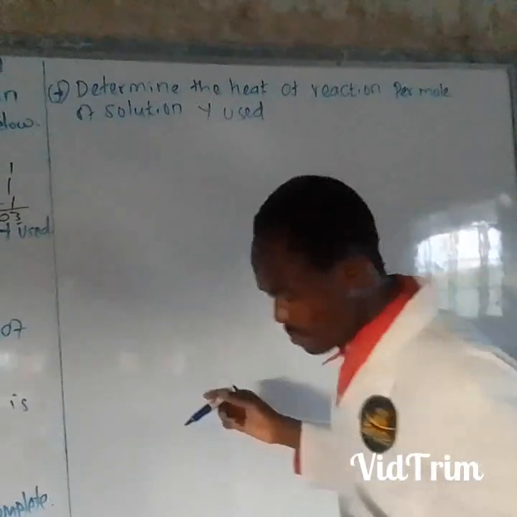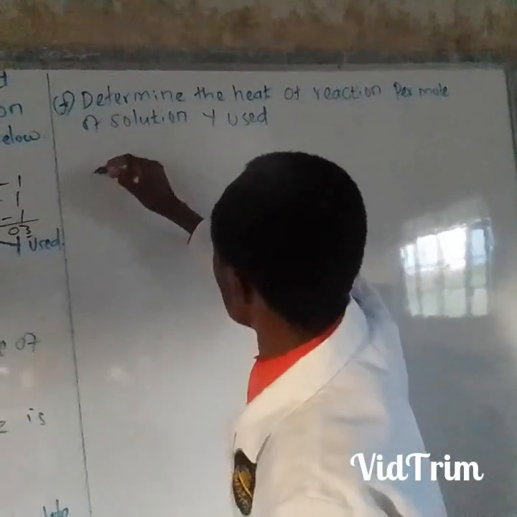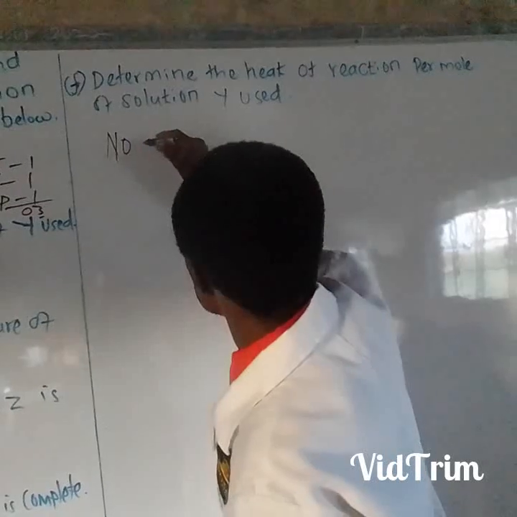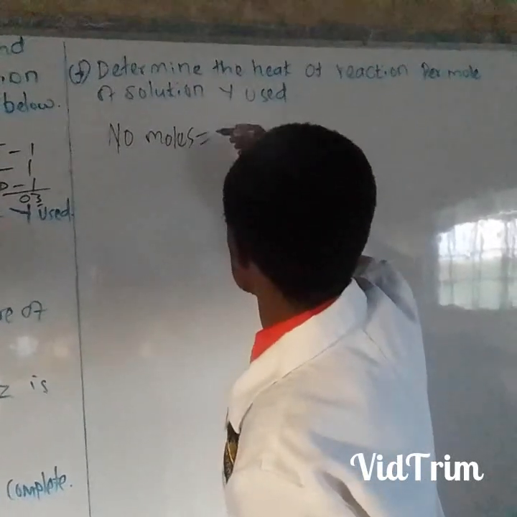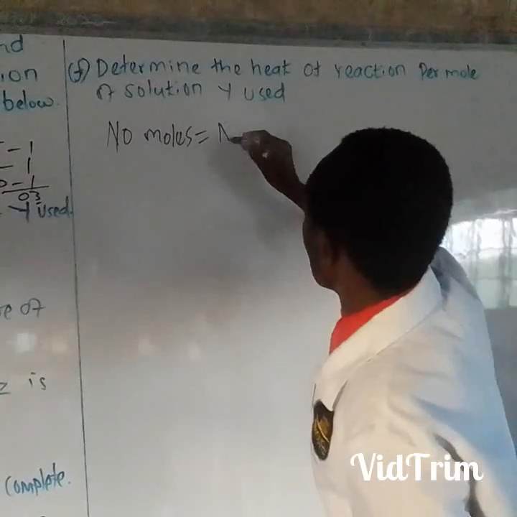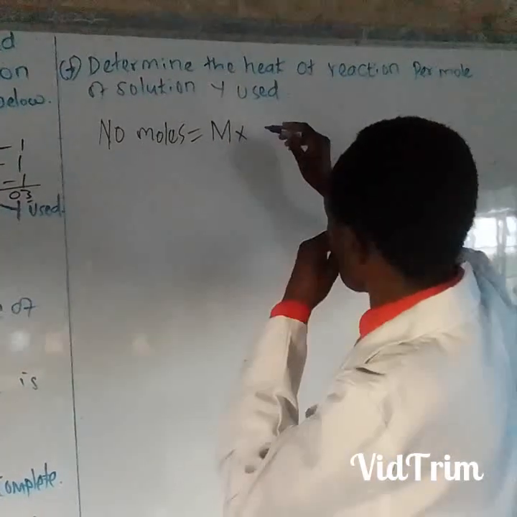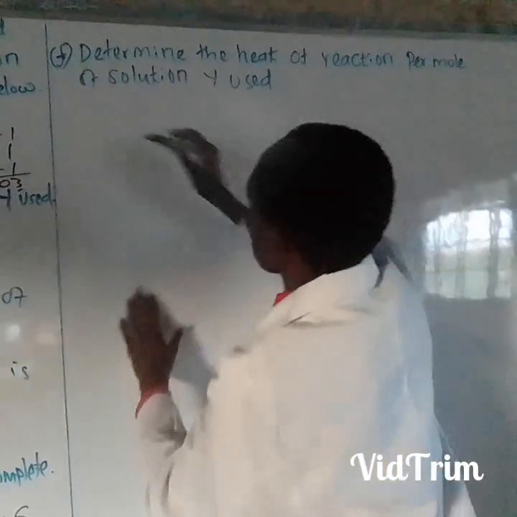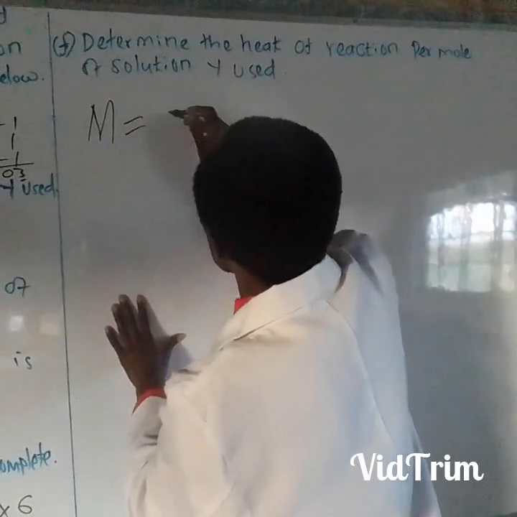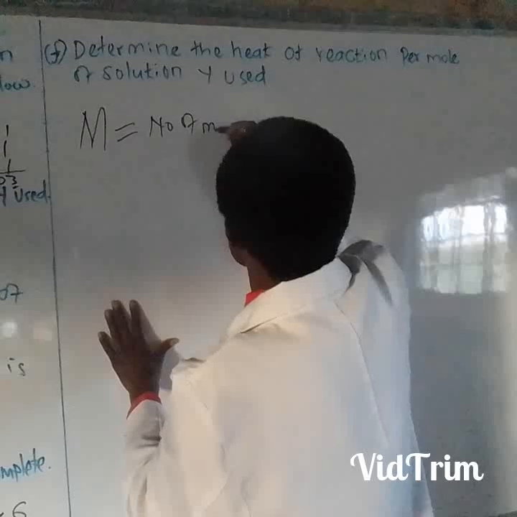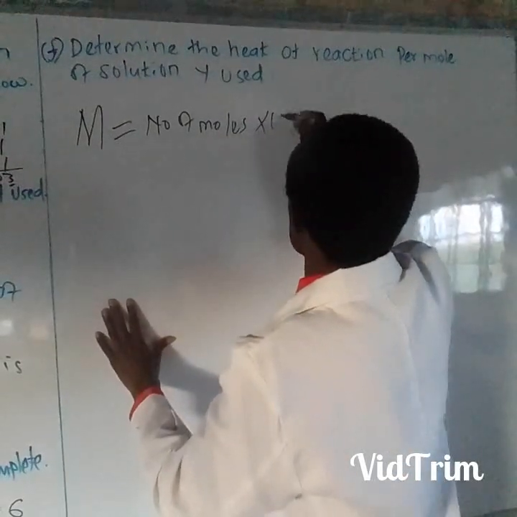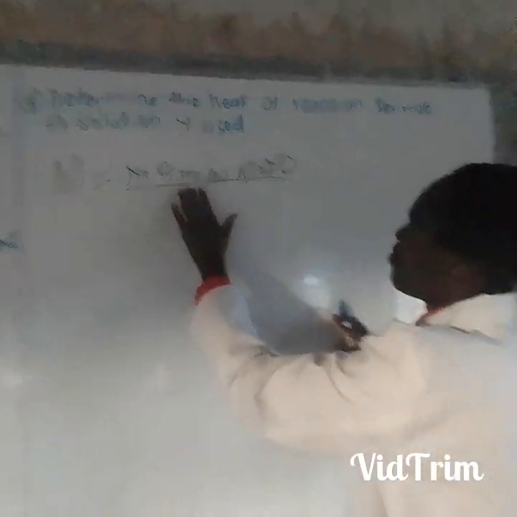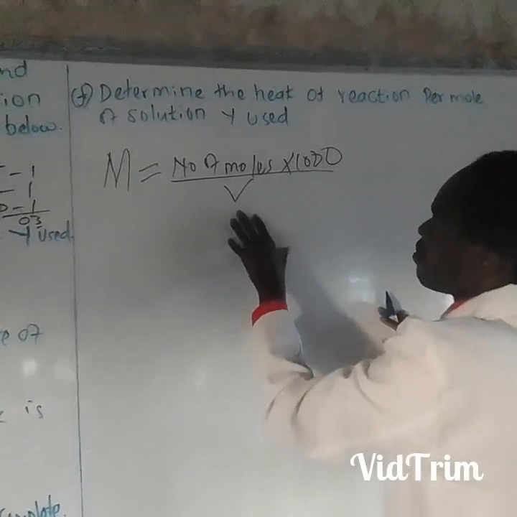Are you getting? So do you remember we have this formula which says that molarity is equal to number of moles times 1000 all over volume.